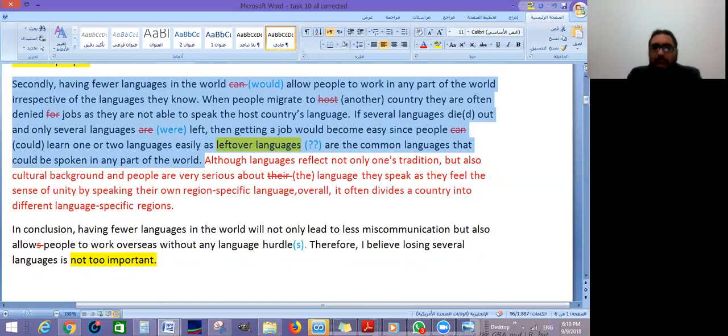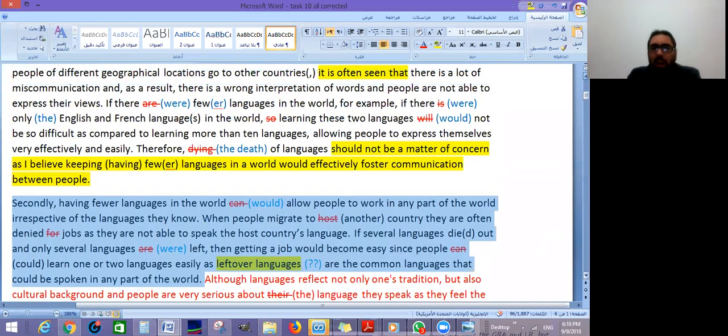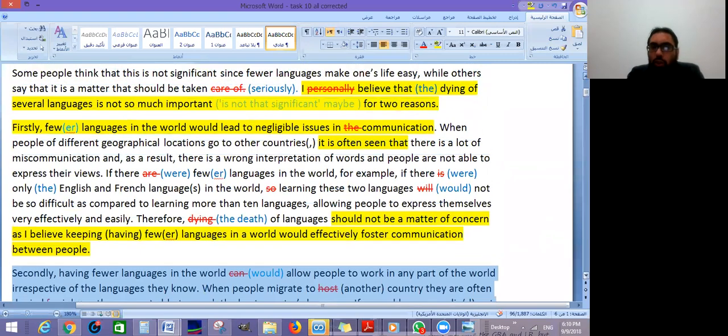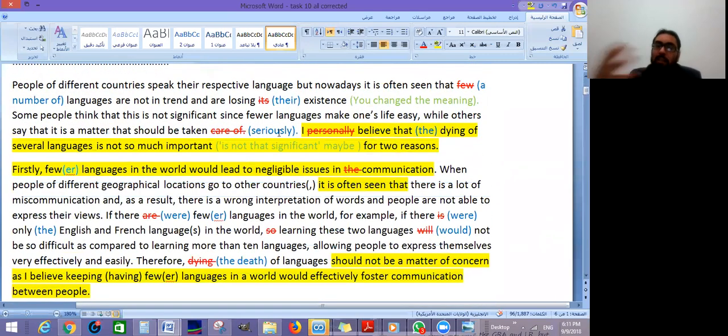And in the first body paragraph, we have the languages dying out is also a positive thing. So two body paragraphs are really telling us how positive it is when languages die out. So when we look at the position in the introduction, can we say that this is logically consistent?